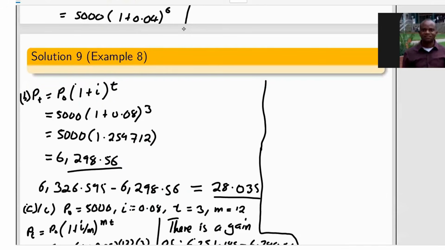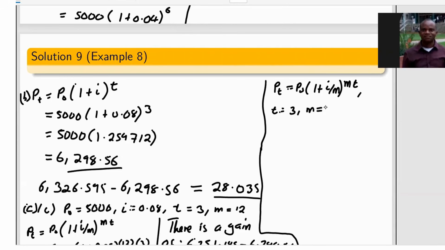So if the interest is compounded daily, PT is equal to P naught times 1 plus I over n, to the power n times T. But this time around, T remains 3, and n is equal to 365. Why?